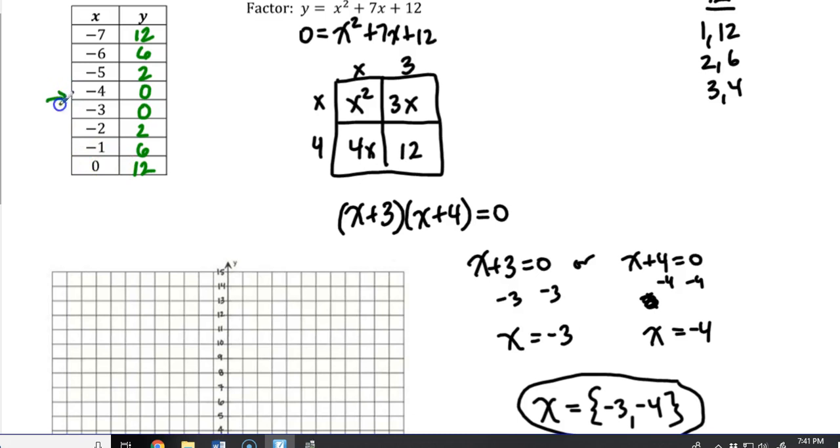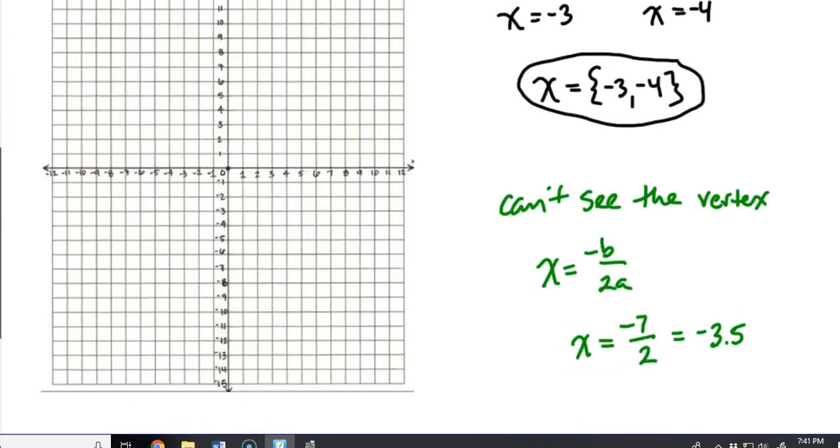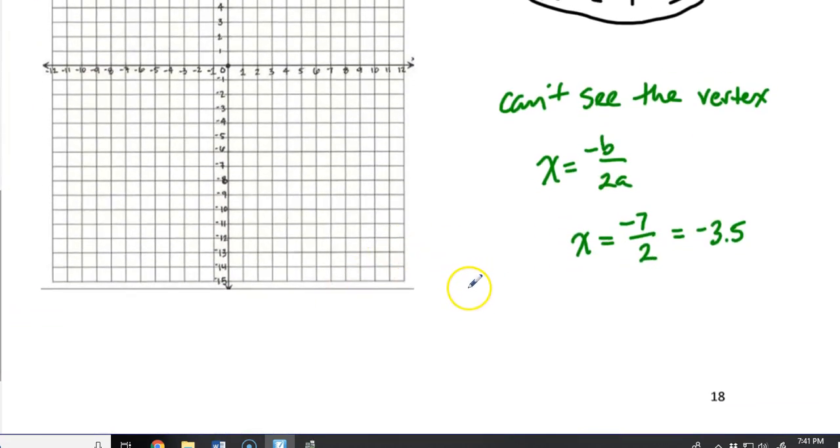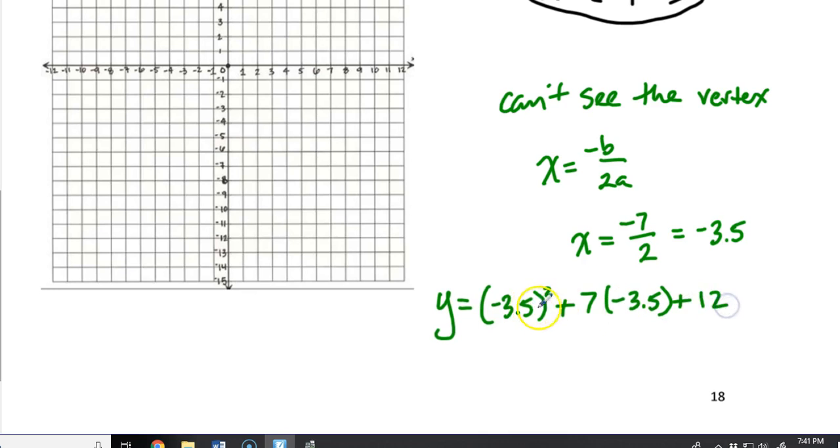So obviously in here at negative 3.5, there needed to be another point where it got to the lowest point, the minimum y value. To find that y value, we need to do a substitution. I'm substituting in that negative 3.5 in for x. And when I do this math, I get the y is equal to negative 0.25.